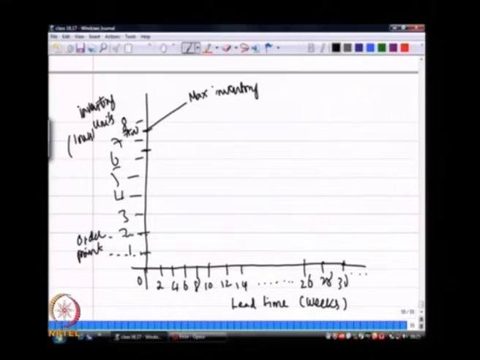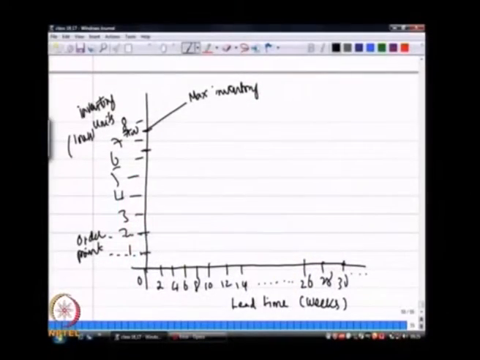And given that the average sales rate is uniform, this is 11th week, 13th week. My order point here now is the moment the inventory level touches 2000. Now, when will that happen? It happens here.